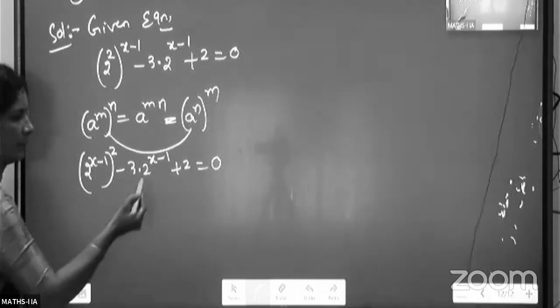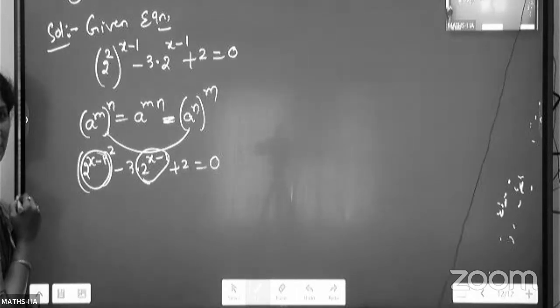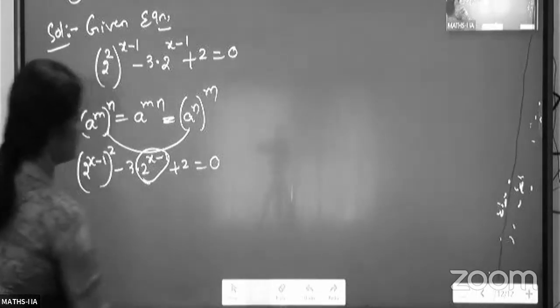Now you can see these two terms are the same, right? 2 power x minus 1 and 2 power x minus 1 are the same. So immediately what can we write?